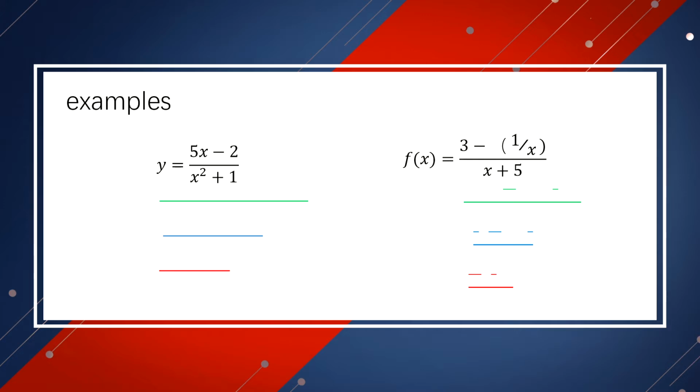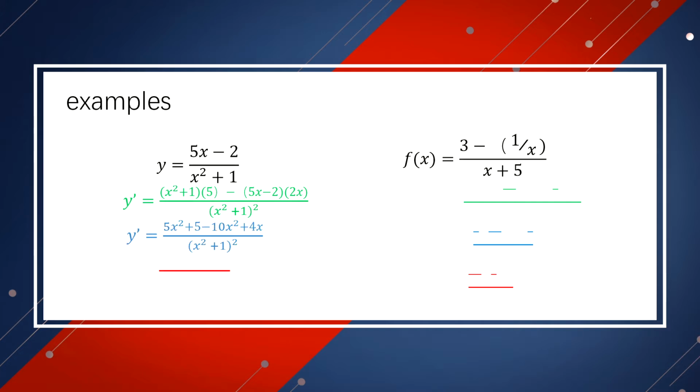The first step, we apply these numbers into the formula from the last page. y prime equals x squared plus 1, which is g(x), times 5, which is f prime of x, the derivative of 5x, and we need to minus 5x minus 2, which is f(x), times 2x, the derivative of x squared plus 1, over x squared plus 1 squared.